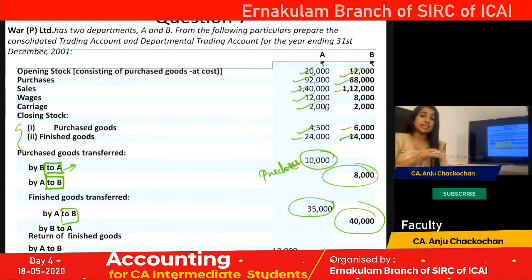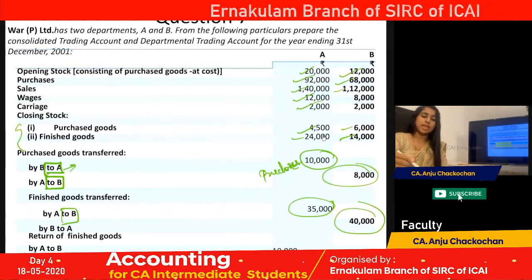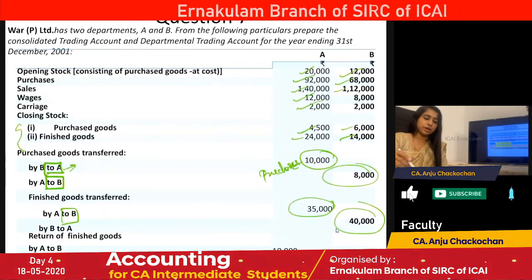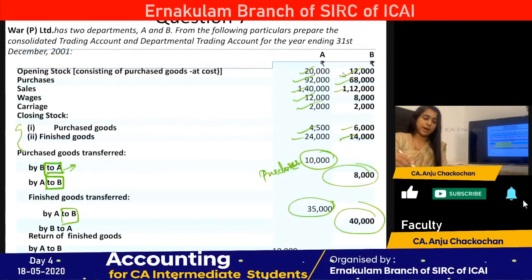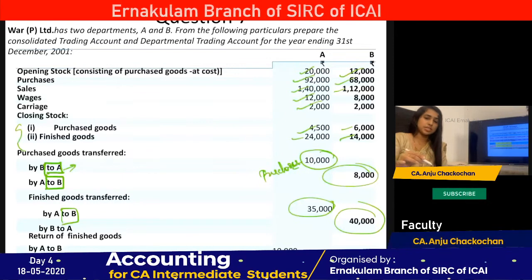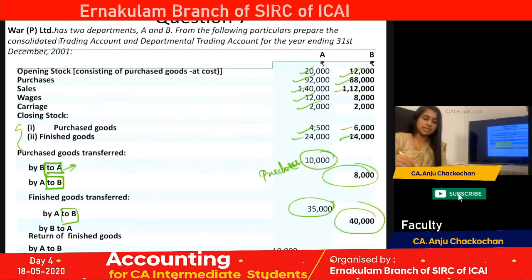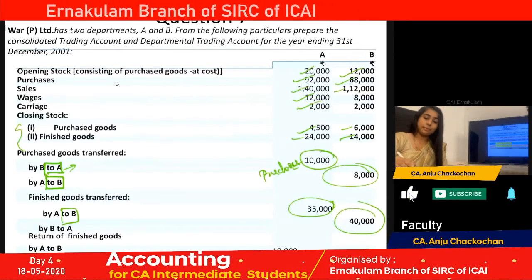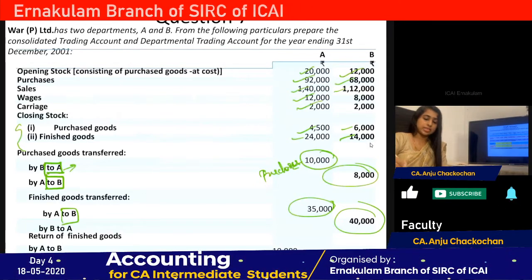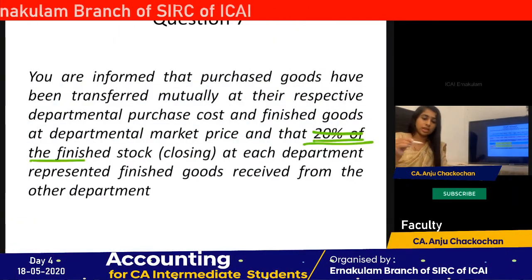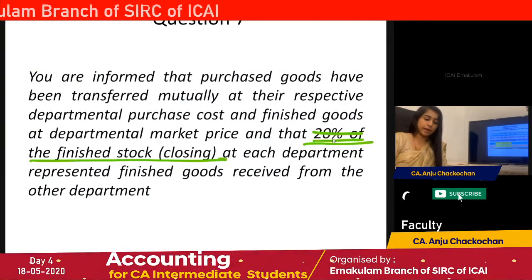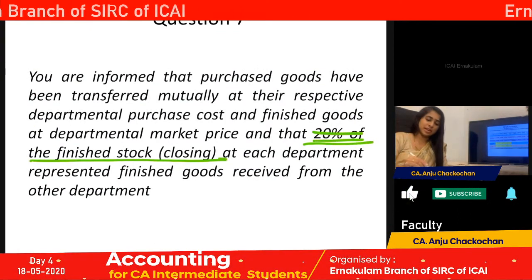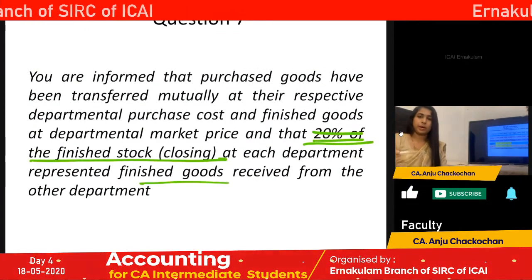Fine. And the balance of it, you are informed that purchase goods have been transferred mutually at their respective departmental purchase cost and finished goods at departmental market price, and that 20% of the finished stock, which is the closing, at each department represents finished goods received from the other department.